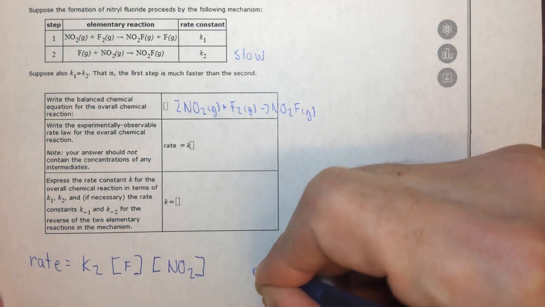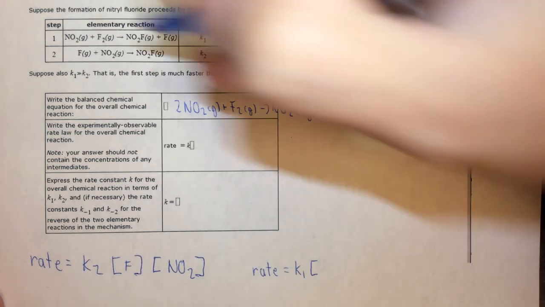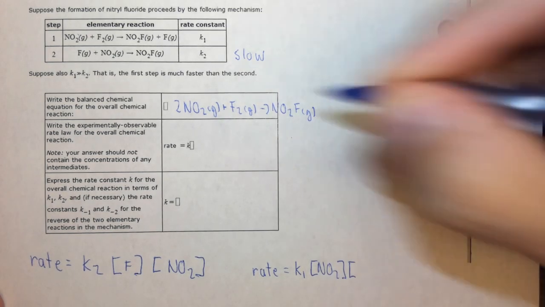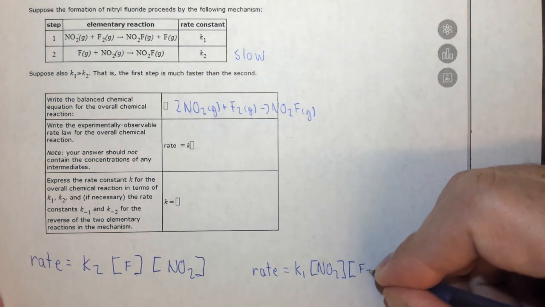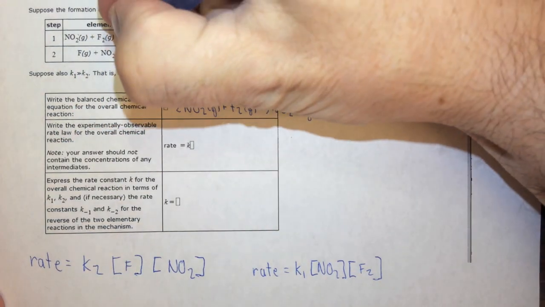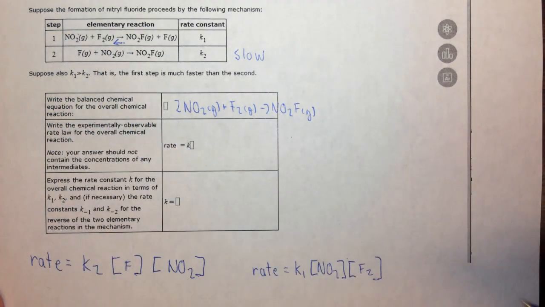The rate of the forward reaction equals k1 times the concentration of NO2 times the concentration of F2. This is an elementary reaction, so the orders are both 1 because the stoichiometric coefficients are 1.